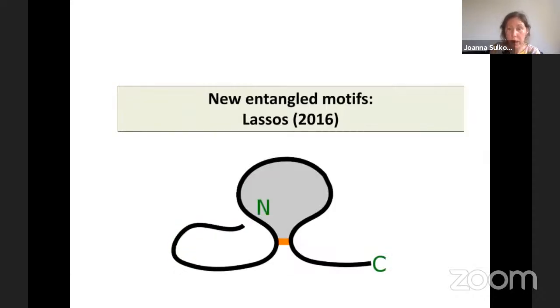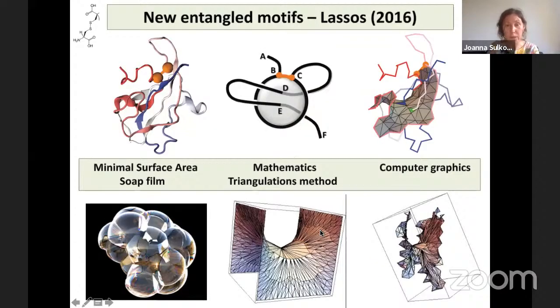Additionally, I told you that some proteins can make a lasso. This is when the protein chain is closed by a cysteine bridge. To find out if proteins can possess such a conformation, this is a protein, and as you see by visual inspection, it's quite difficult to see if this loop that is closed by the orange beads is crossed by any termini.